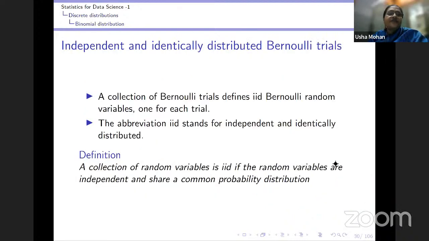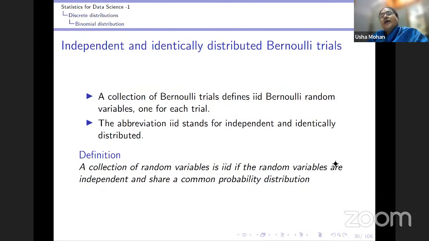Now, the most widely used application is what we refer to as the binomial random variable. To understand what a binomial random variable is, it is very important for us to understand what an independent and identically distributed Bernoulli trial is. For example, I'm tossing a coin 10 times.